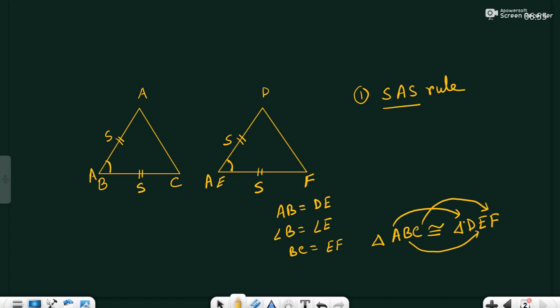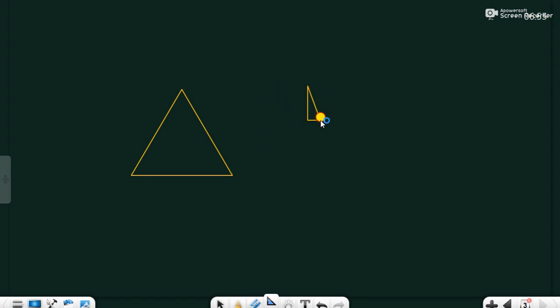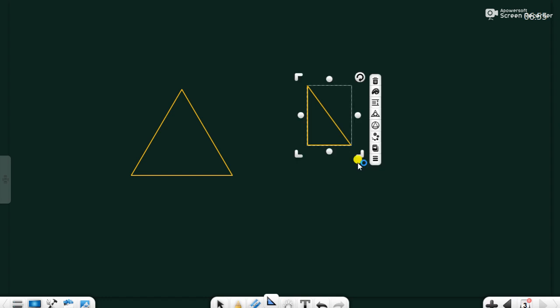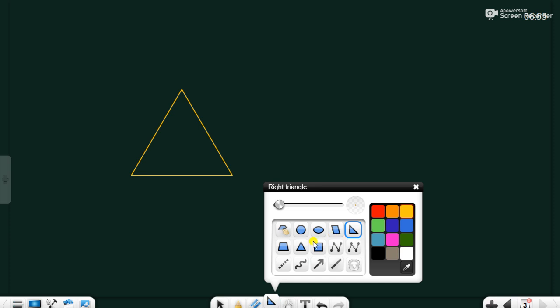If we take two triangles, suppose we are taking two triangles in this way, one triangle and another triangle. Let us take a new page.